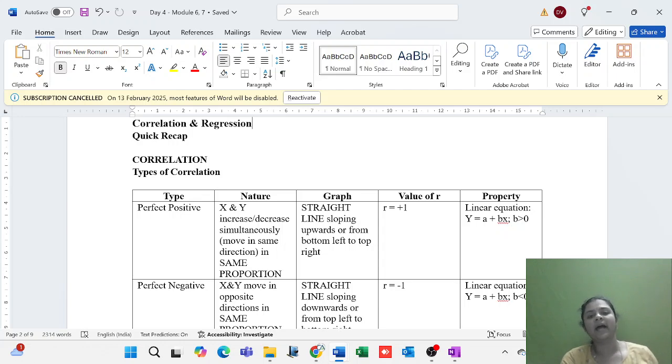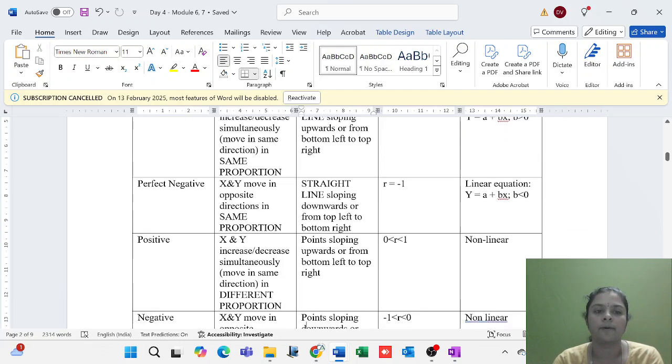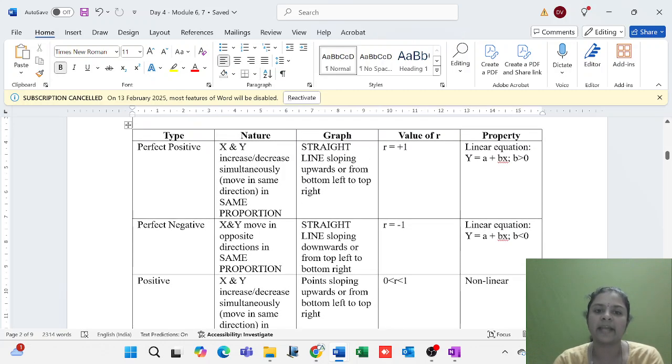There are technically 5 types of correlation: perfect positive, perfect negative, positive, negative and 0.